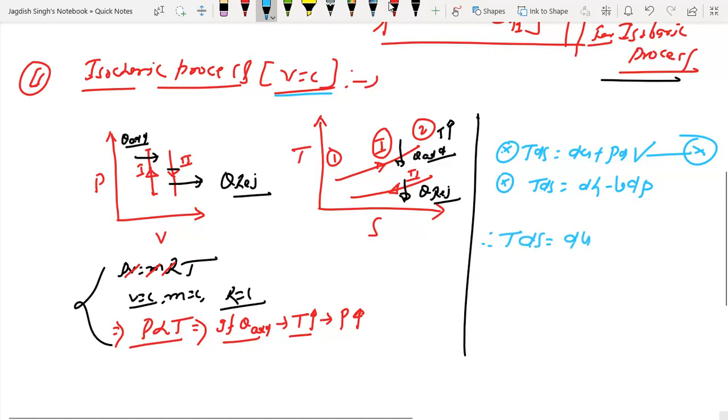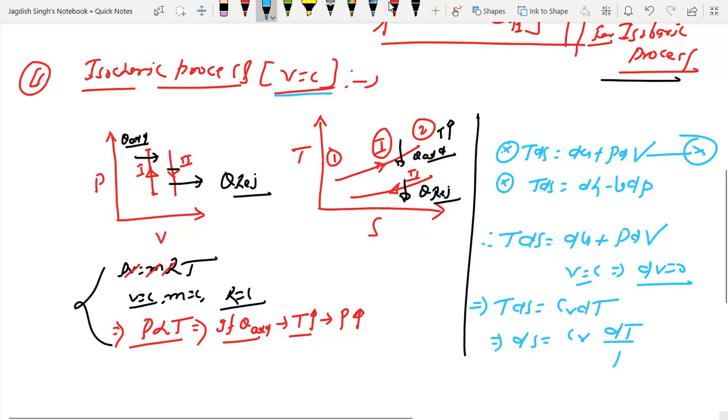TdS is equal to dU plus PdV. Volume is constant, that means dV is 0. So TdS is equal to dU, and dU is Cv dT. So dS is equal to Cv dT by T.